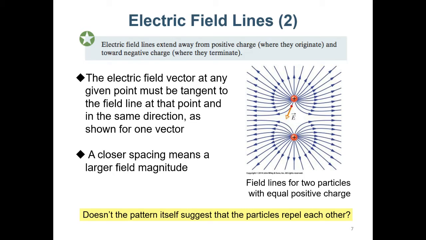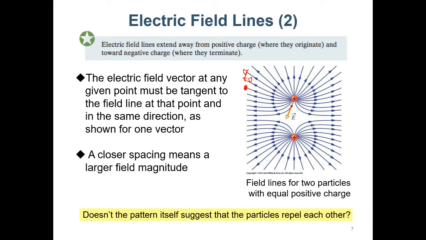Actually, for every point, you can calculate the E field. For example, if you want to calculate the electric field at this point, you can imagine you have a test charge Q0 here.